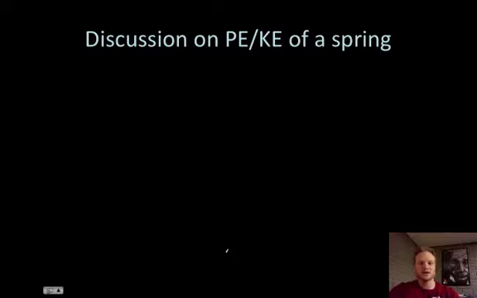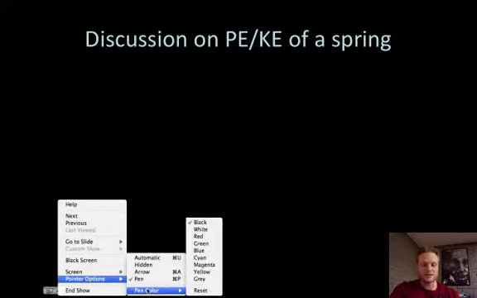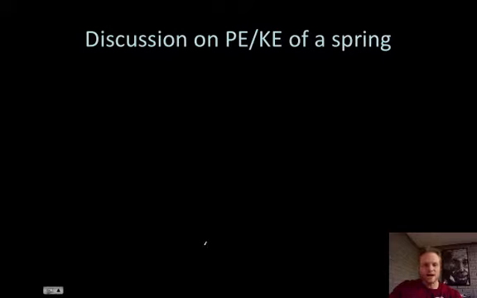So let's talk a little bit about potential and kinetic energy of springs. Let me change my pen color here so that you guys can actually see it, which is always useful. I guess we can try green today. So let's say you've got a block here, and you have a spring attached to the block, and there's like a little metal box or something attached to it.